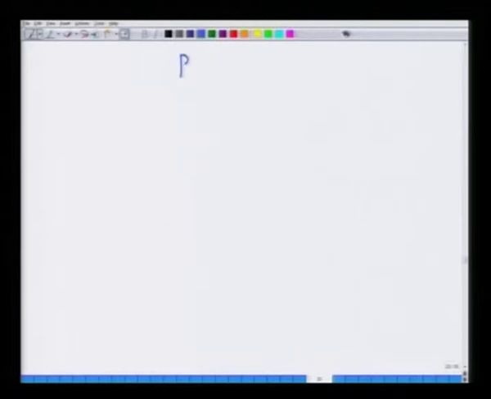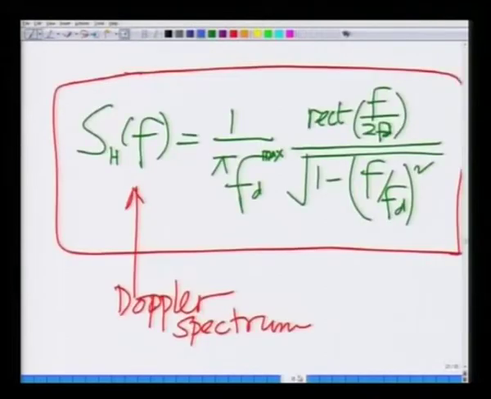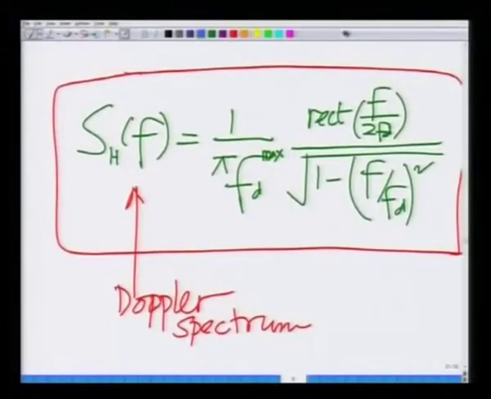A plot of the Doppler spectrum looks as follows. Now, look at this Doppler spectrum at f equals f d, where f by f d is 1. So, 1 minus 1 is 0, which means this shoots up to infinity. For f greater than f d this is not defined, because then 1 minus f over f d is less than 0, hence the square root is not defined.